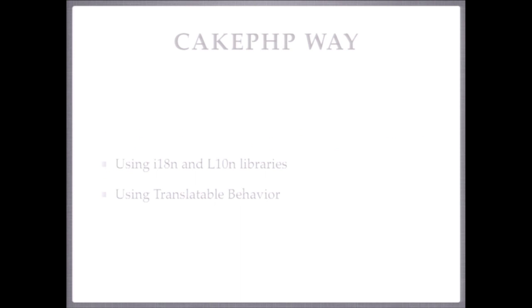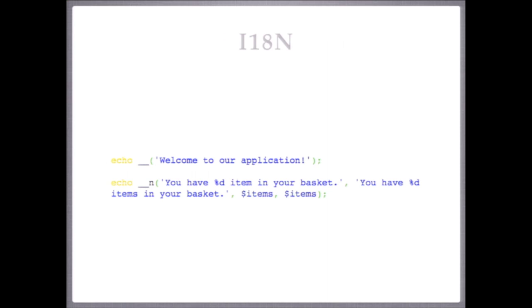So the CakePHP way is to use the libraries and the translate behavior. It's not translatable, it's translate behavior, so a little typo. It's very easy. You just need to use that function. It's based on gettext. You just put the message you want to display, no matter what. For plurals, it's actually based on American English that has 2 forms.